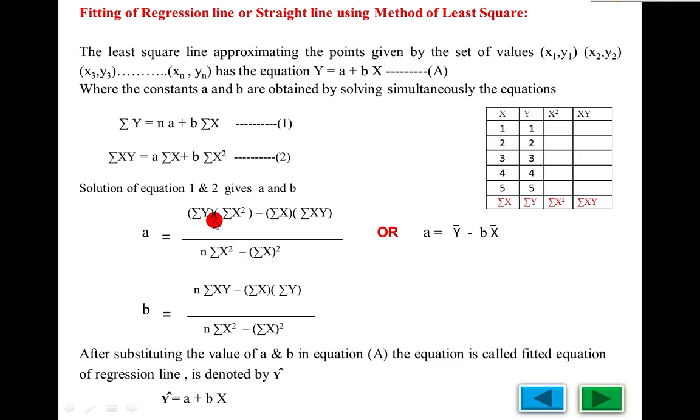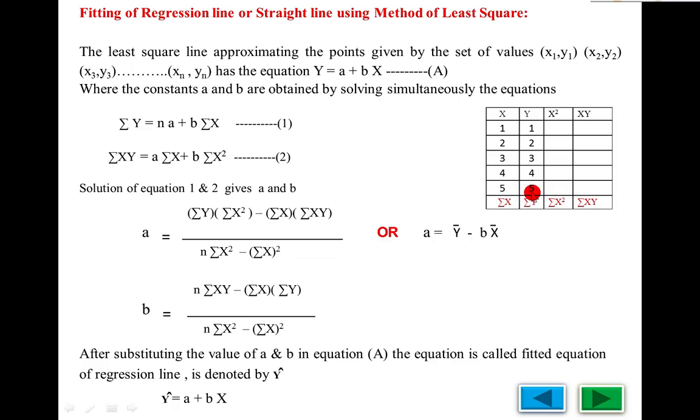And how do we find summation x square, summation x, summation xy? This is very simple. Suppose you have data with two variables x and y, independent and dependent variables, and suppose the values of x are 1 to 5 and y is also 1, 2, 3, 4, 5, maybe any values. The sum of x will be obtained at the end of this. If you add all these values, you will obtain summation x.